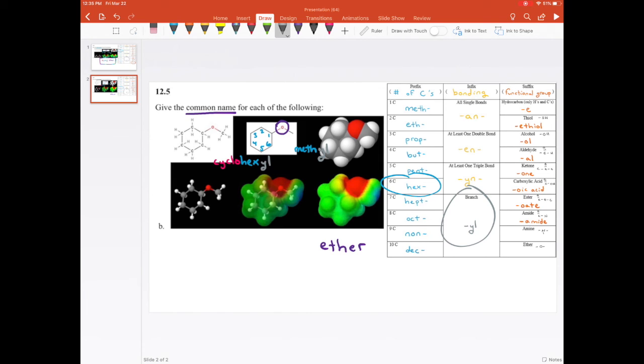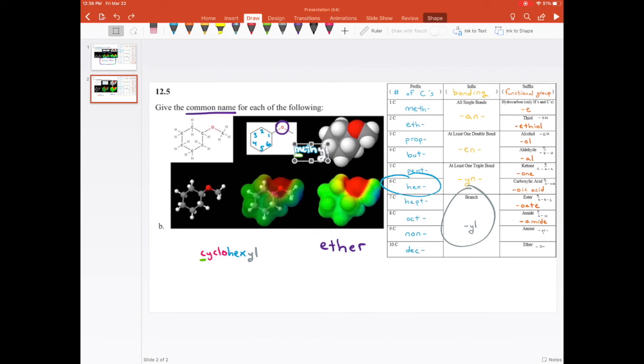Now, we have 2 branches. We know they both have to go in front of the backbone name, which is ether. But what order do they go in? They go in alphabetical order. And we're going to compare the C of cyclo with the M of methyl. C comes first, and so we will put the cyclohexyl in front of the methyl.